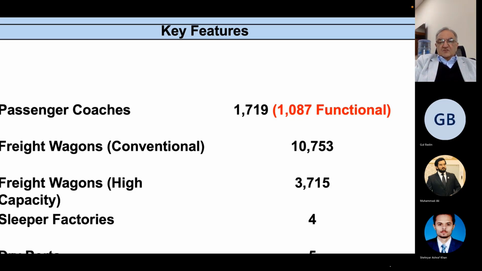Then railway has about 4 sleeper factories. These sleeper factories are based all over Pakistan. एक कोहाट में है, एक रोड़ी में है, एक यहाँ पे शाहीनाबाद में है, एक खानेवाल में है. What they do is they manufacture concrete railway sleepers for the railway track, for rehabilitation of the railway track.